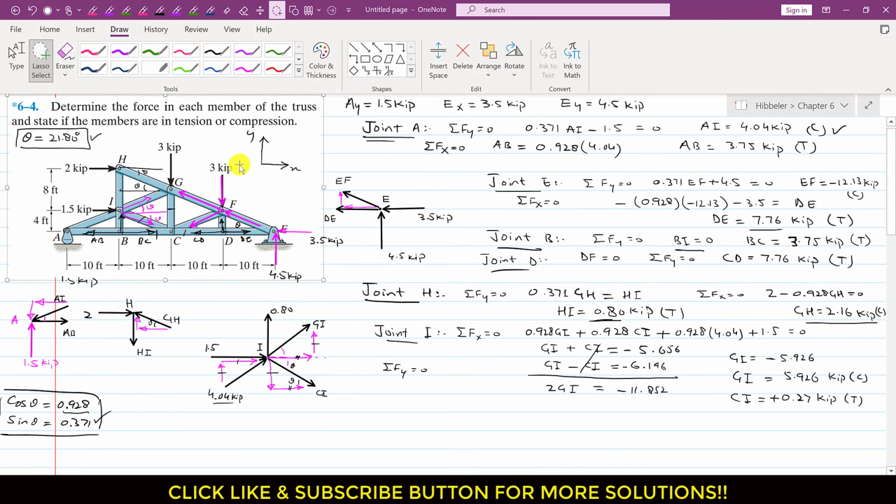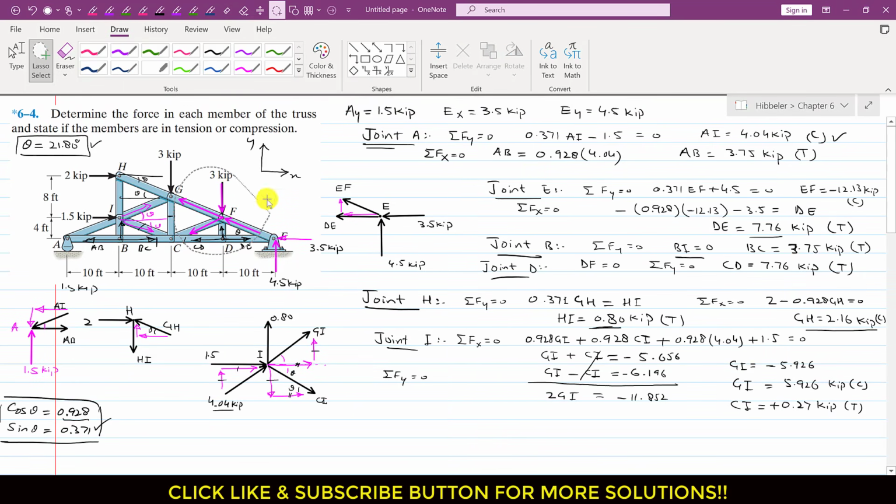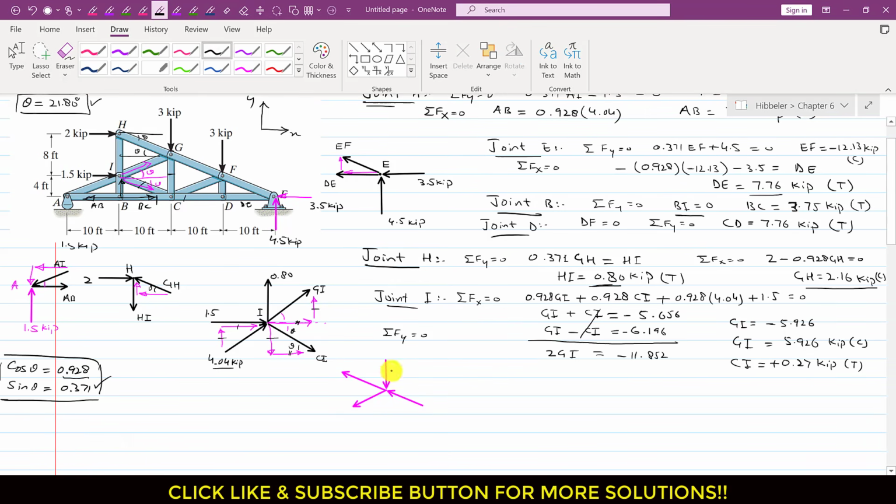So now let me isolate this free body diagram here. This is that 3 kip force, and this is the EF member force, whose magnitude is known, which is 12.13.